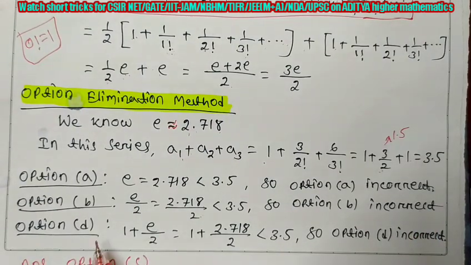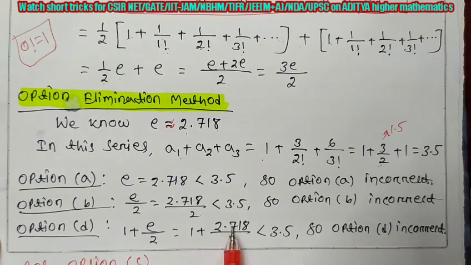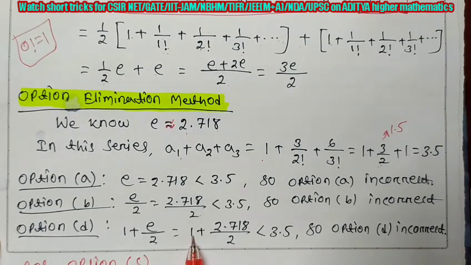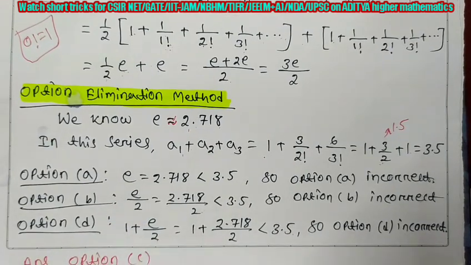Now what about option D? 1 plus e by 2 is given, 1 plus 2.718 by 2; at maximum it will come to 2, so its value is 3 only. So its value is also less than 3.5. So all the options A, B, D have values less than 3.5.